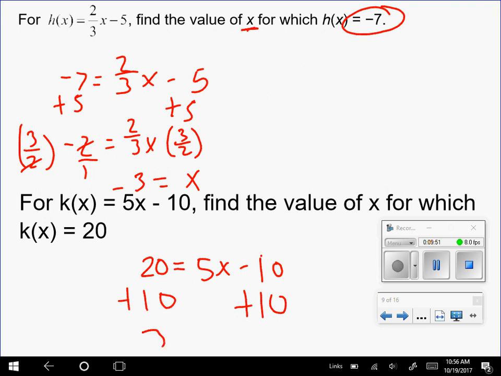So I get 30 equals 5x. And then divide by 5. I'm not going to show that because my pen's being dumb. Equals 6.